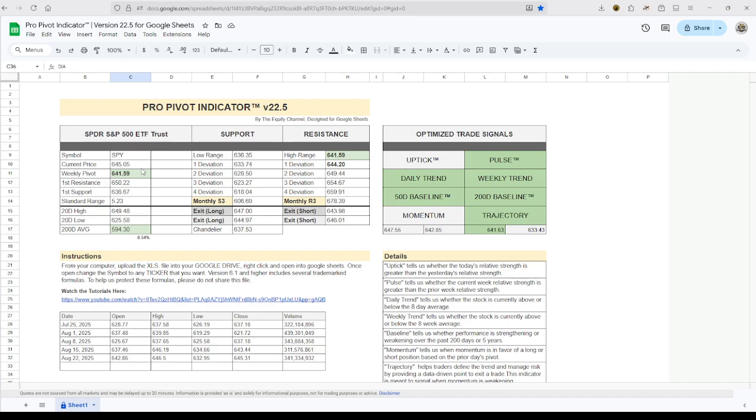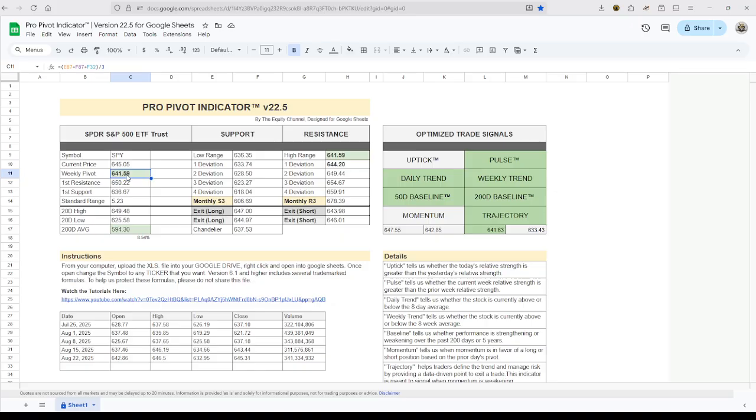Now, moving on from that, let's get straight into how we use the Pro Pivot Indicator, starting with these elements here, okay? The first thing you're going to notice is your current price and your weekly pivot, okay? Now, the weekly pivot, for those that aren't familiar, we're talking about pivot points.